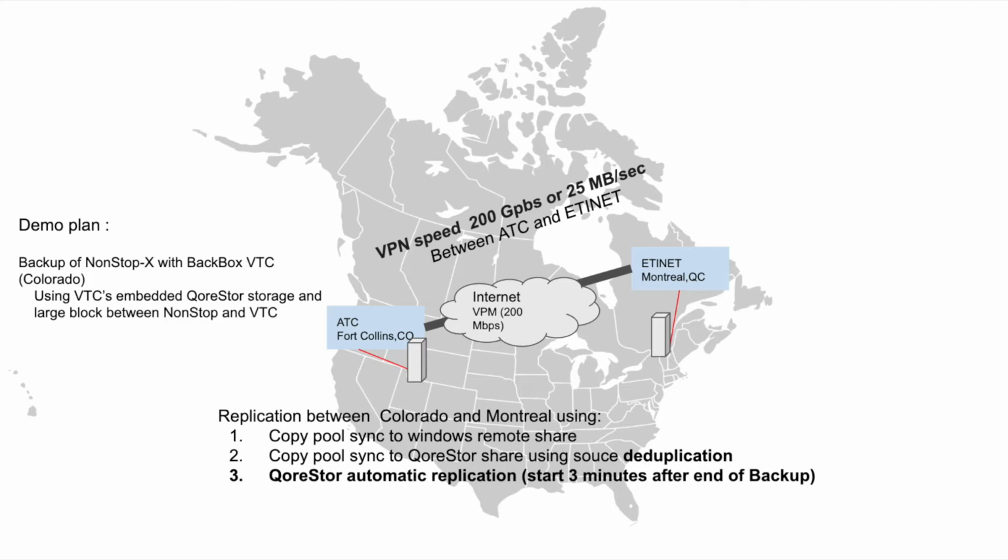We will also start the same type of copy using the CoreStore to another CoreStore in Montreal, and using a middleware called RapidSync, which is a source deduplication engine, which is going to give us a very interesting performance boost.